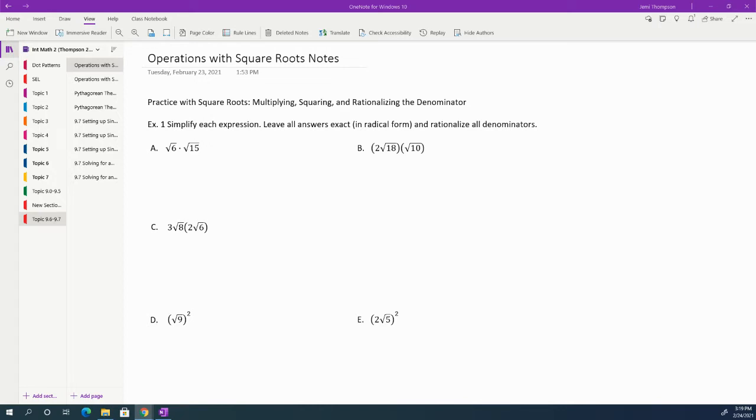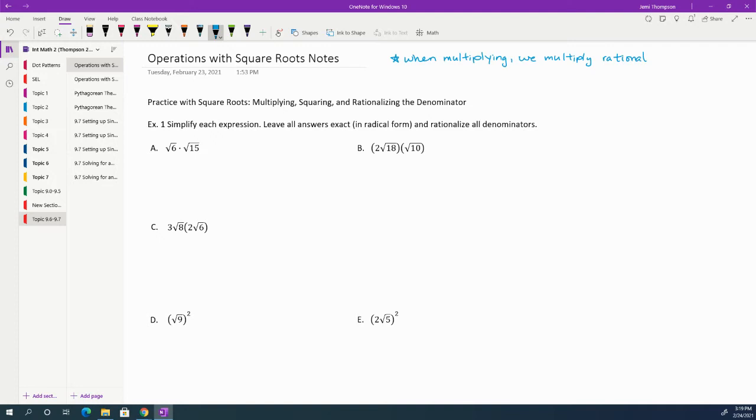When multiplying, we're going to multiply rational parts together and square root parts together.